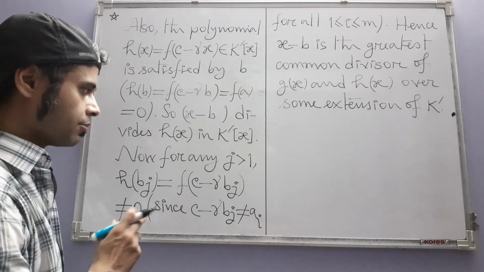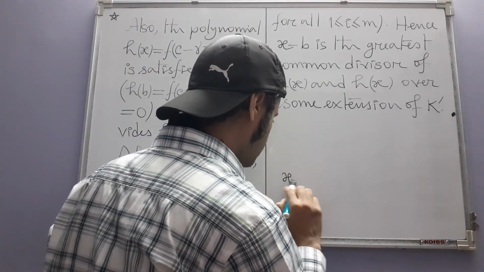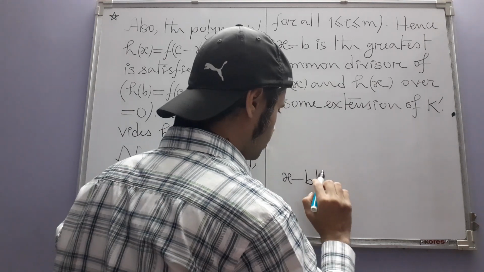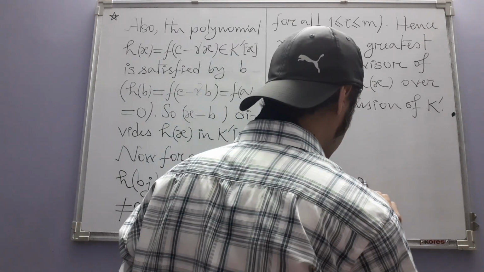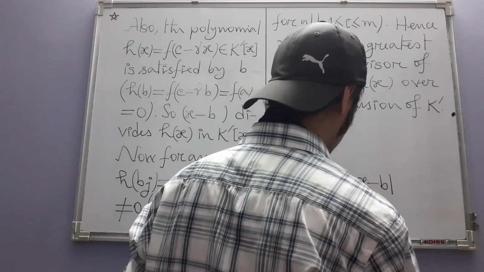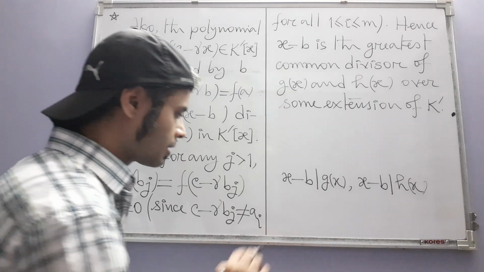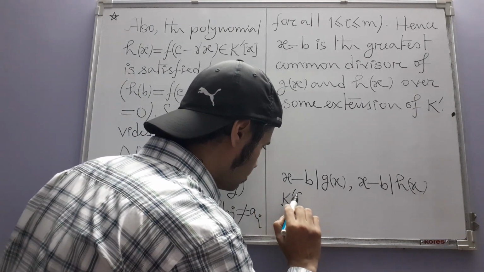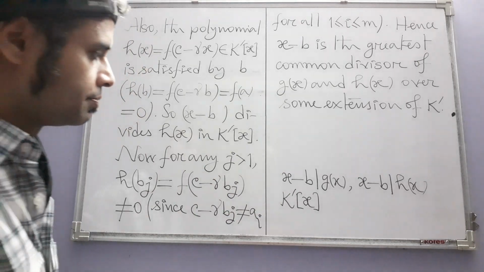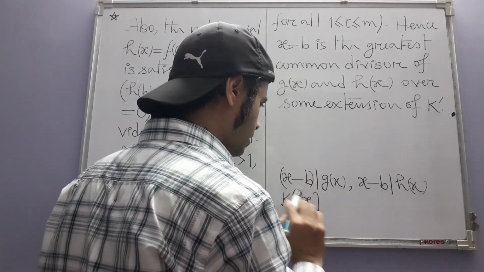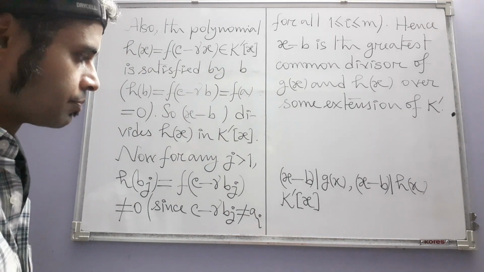So what we are saying, okay, so we have got two things, right? We are getting this. This divides gx, and this also divides hx, and these divisions are happening over k prime, or in other words in this ring, and then there is no other common factor.